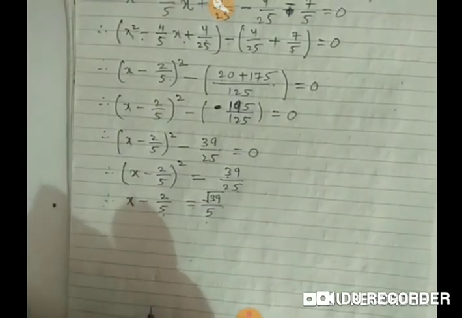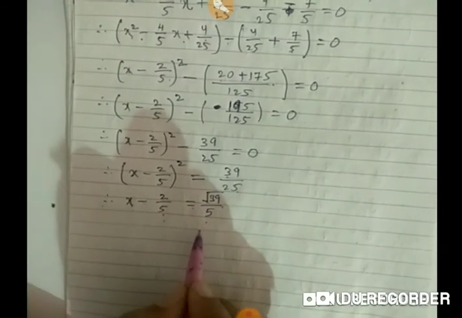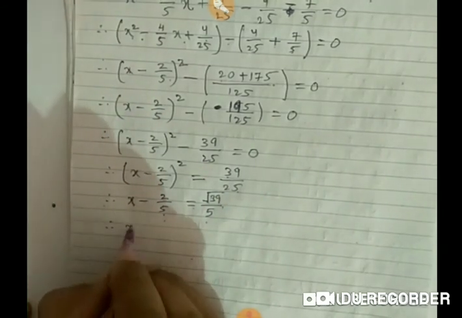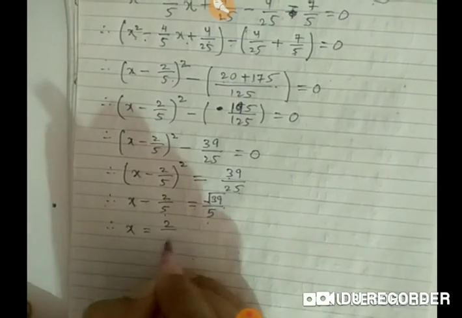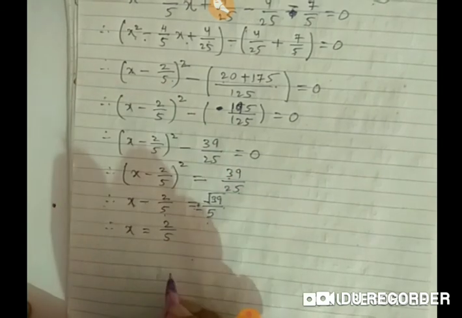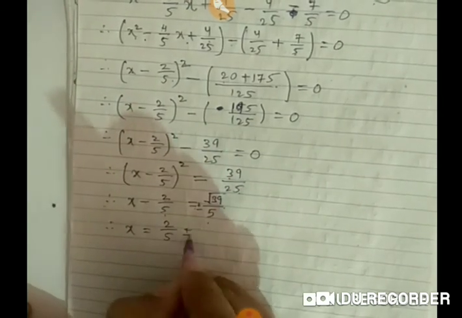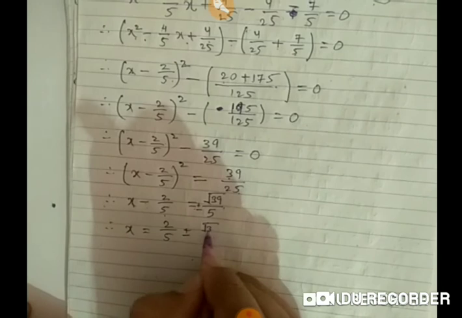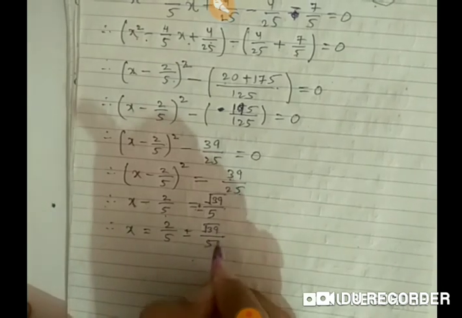I'll transpose this 2 by 5 to the right hand side. So x equals to 2 by 5. This negative 2 by 5 will become positive. So here we have plus minus. So here you will take plus minus root 39 upon 5. Denominators are same.